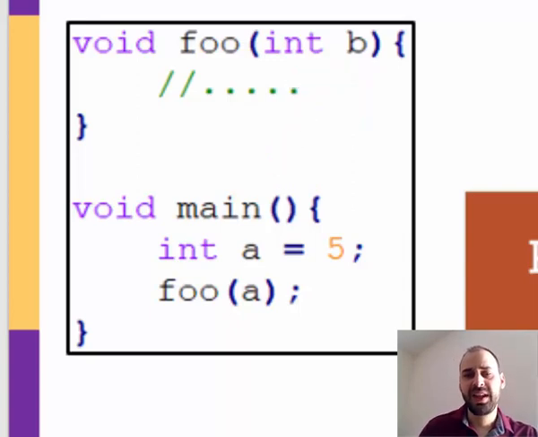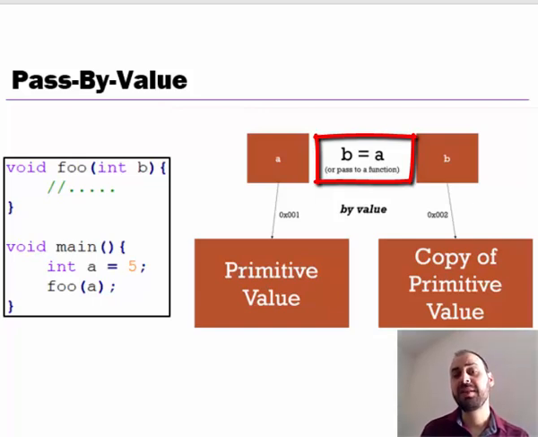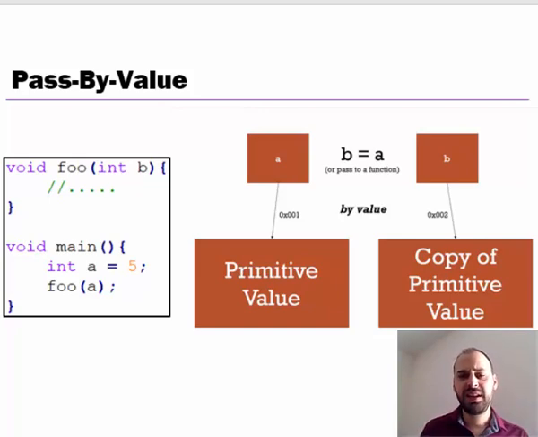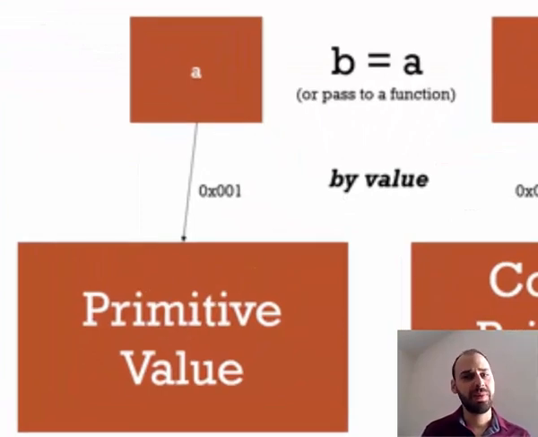With PassByValue, we're making a copy of the original value. On the right-hand side, we basically have variable b gets the value of variable a. Variable b is assigned the value of a. Key thing here: two different memory locations, because we're making a copy.